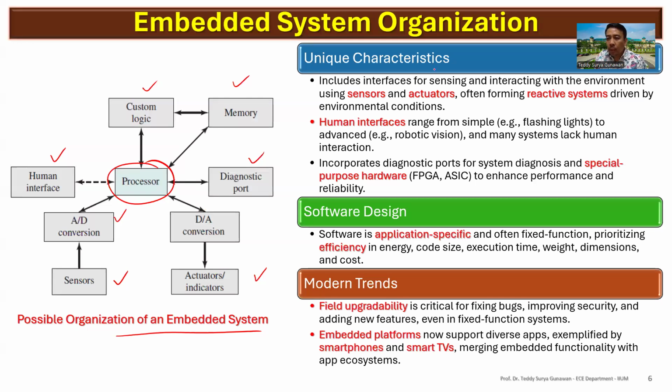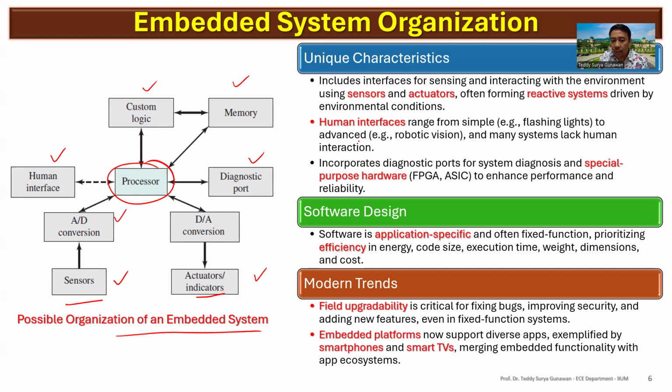The unique characteristics of embedded systems include an interface for sensing and interacting with the environment, which is sensors and actuators, often forming a reactive system driven by environmental conditions. For example, sense the temperature, and we have the thermostat as the actuator.